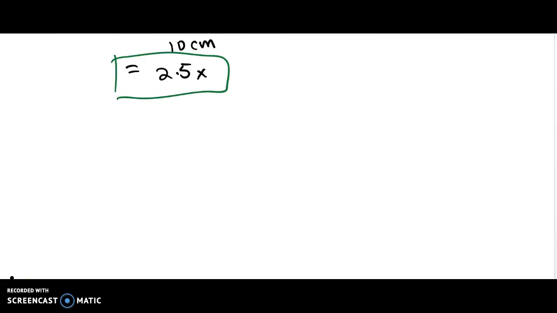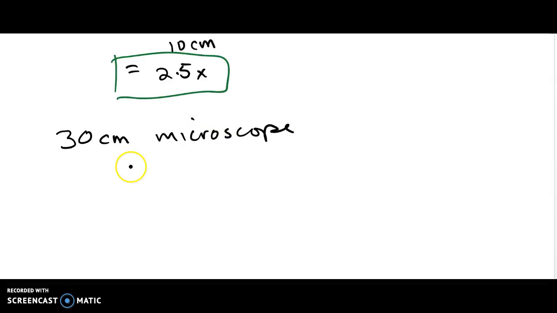And lastly, for question number 12, the calculation for the overall magnification of your 30 centimeter microscope. So all this data is just for the 30 centimeter microscope. The overall magnification is the magnification of the objective lens times the magnification of the eyepiece lens.